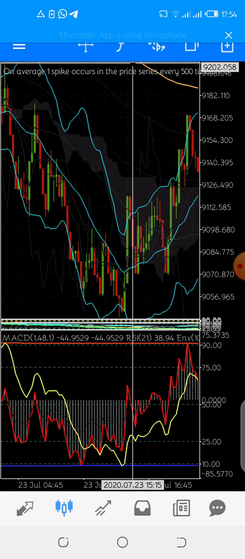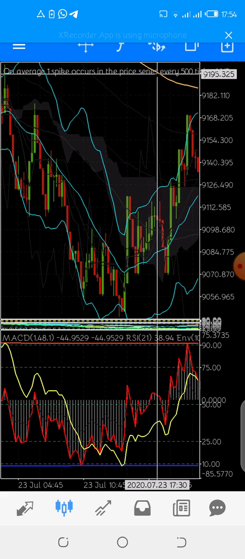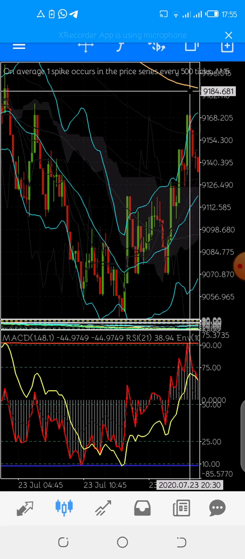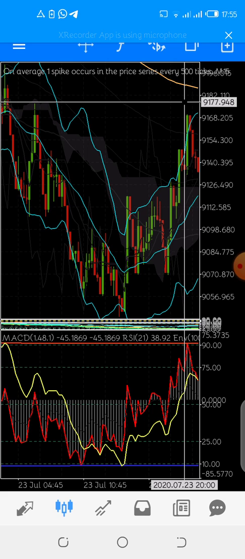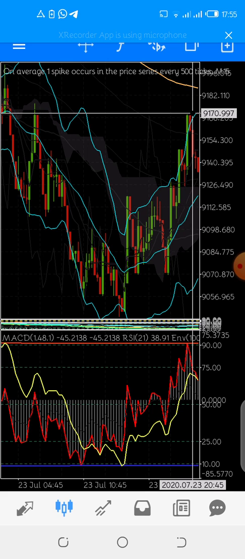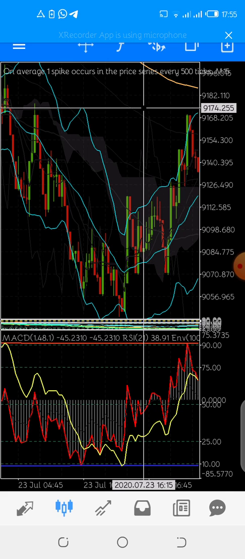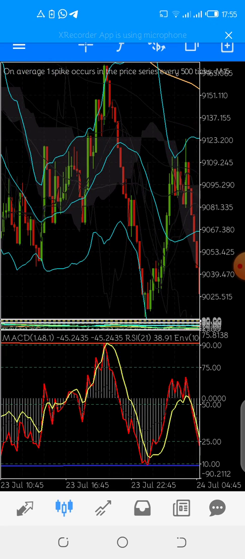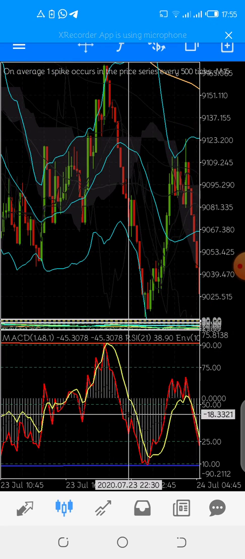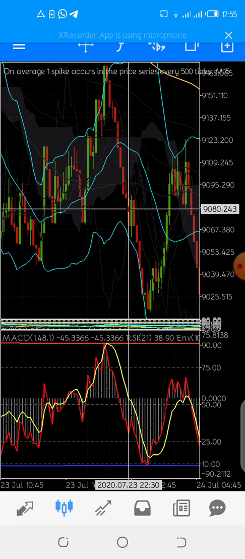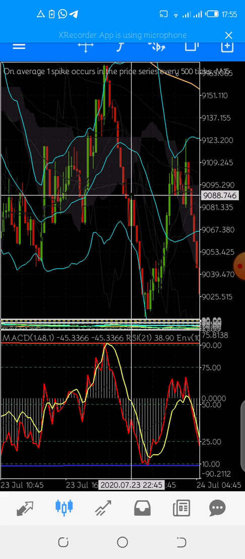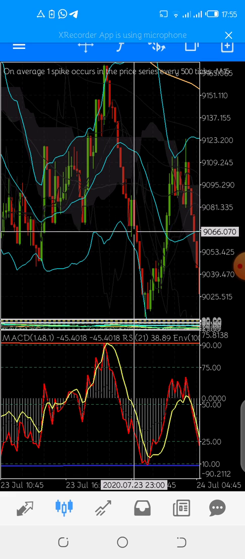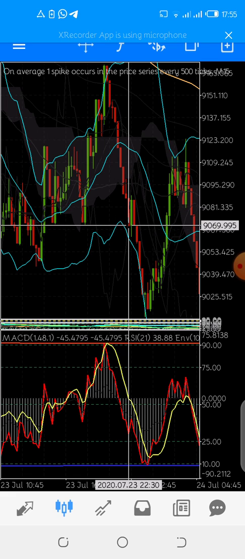Why? The moving average 200 was on top of us, so we were officially on a downtrend earlier. So this here is a trade that I could have placed, though 50-50. And where would my closing point be? The lower. I would have probably closed this trade around when this first spike came, before it came.